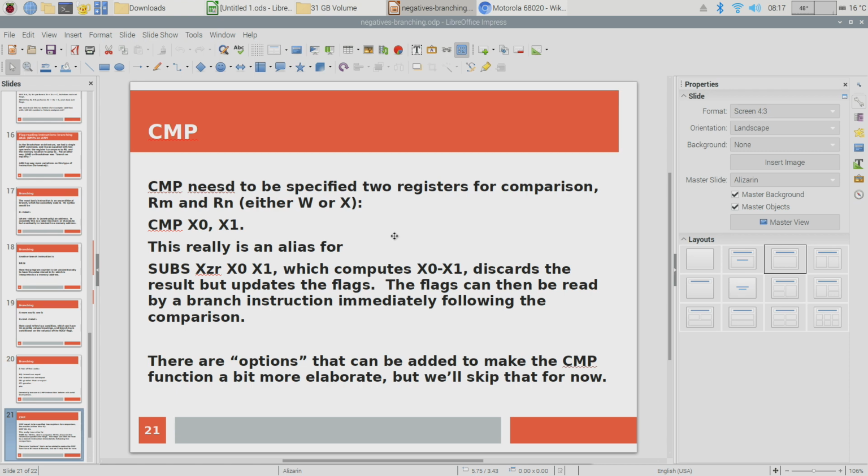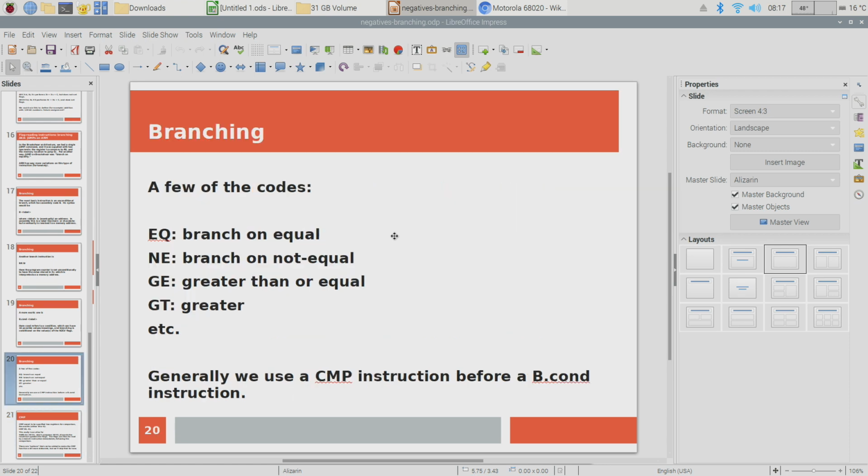Okay, so now typically right before you do a branch on a condition, you need to set the flags to be whatever they need to be to evaluate that condition. The arithmetic instructions will set flags, but they're not the only ones that can do it.